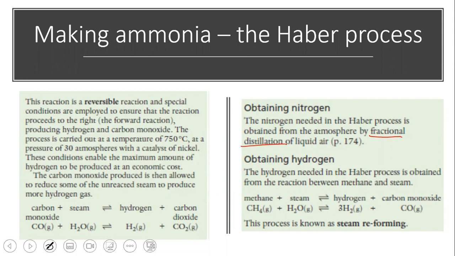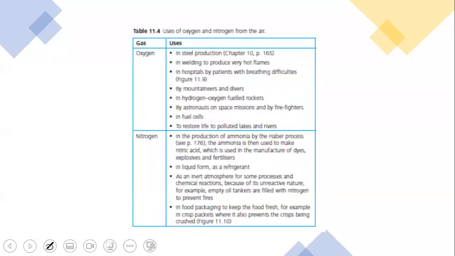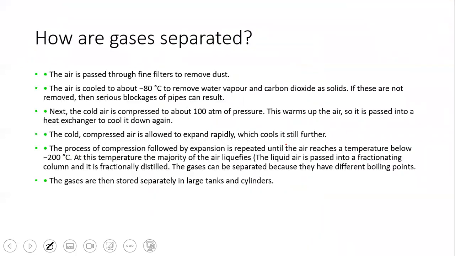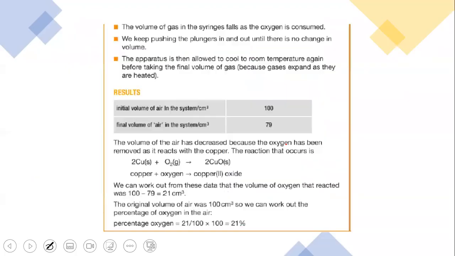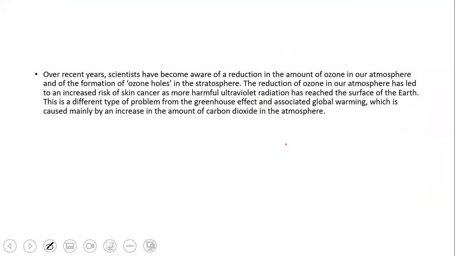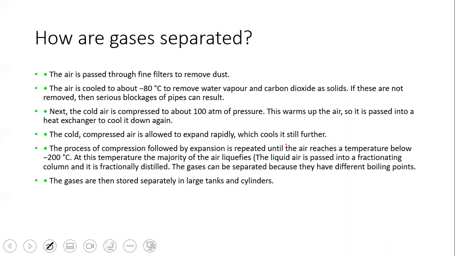Based on the boiling point, you can go ahead and separate the different components. This is the process that we generally use when we have a mixture of gases or a mixture of liquids.